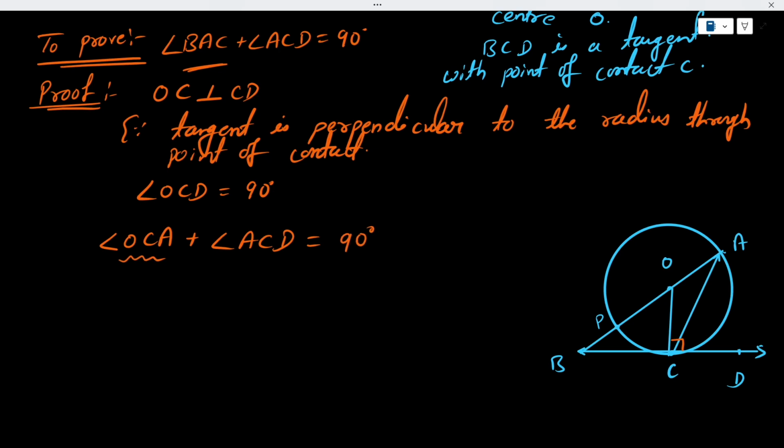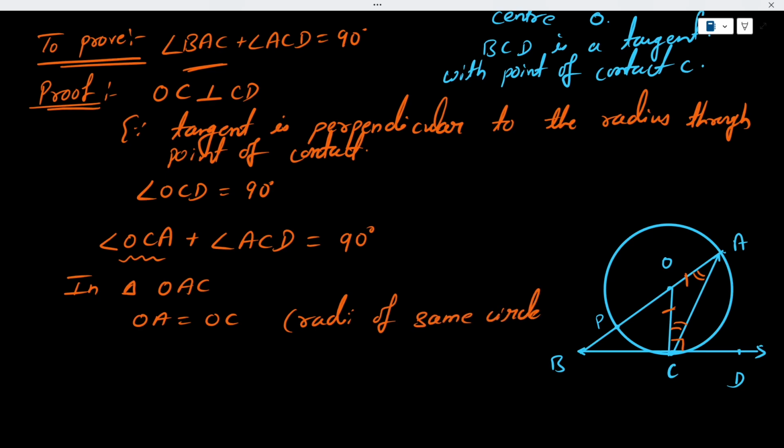Now OCA is nothing but angle OAC, because if you will see, it is an isosceles triangle, right? So how can you write down here? In triangle OAC, OA is equals to OC because they are radii of the same circle, right?